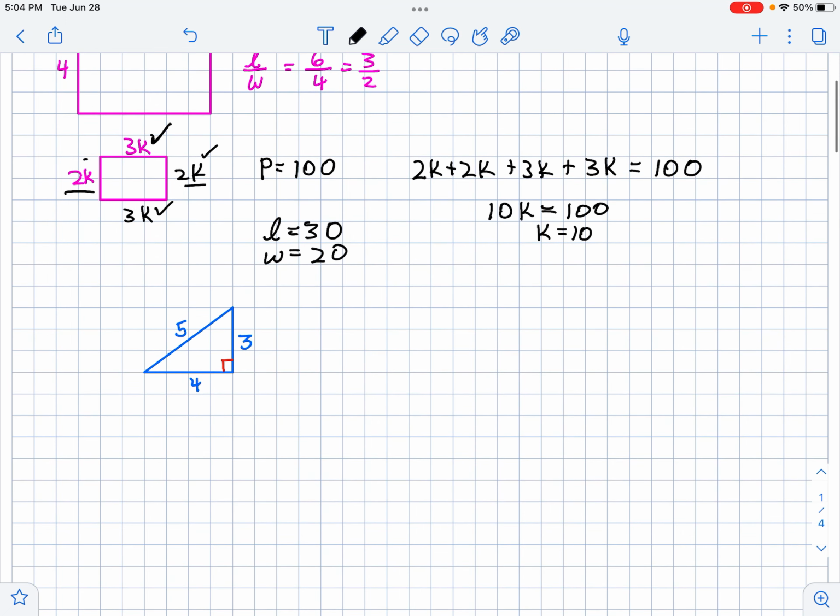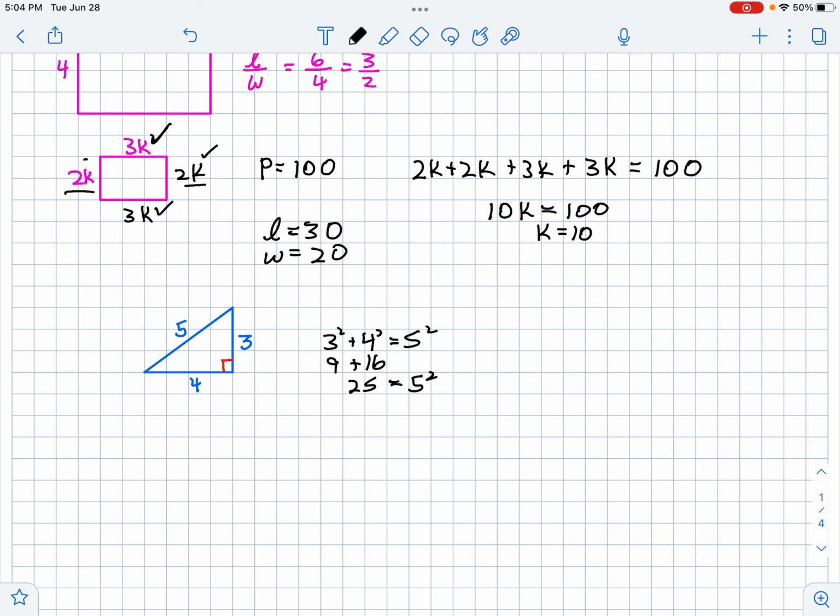Now, another place you see some ratios is in triangles. Here we've got a 3, 4, 5 right triangle. So here's what we mean: 3 squared plus 4 squared equals 5 squared. This is 9 plus 16, and that is 25, equals 5 squared.